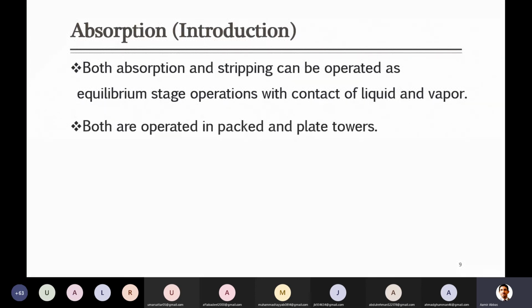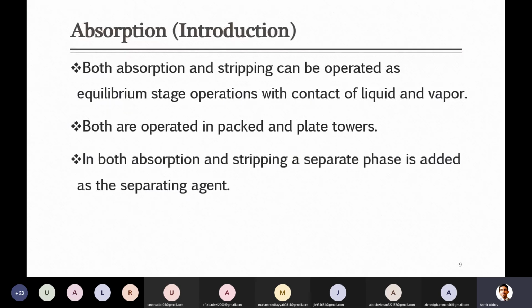As you studied, distillation can be carried out in packed as well as plate towers. Commonly plate towers are used, but both can be used. So in absorption and stripping, the same equipment, packed tower or plate tower, can be used to bring the liquid and vapors into contact.